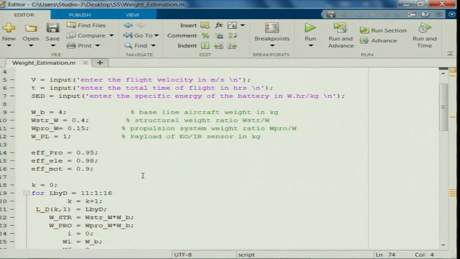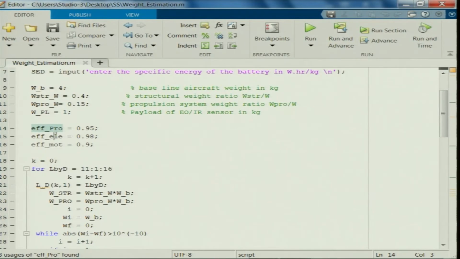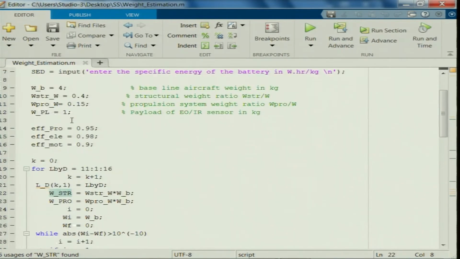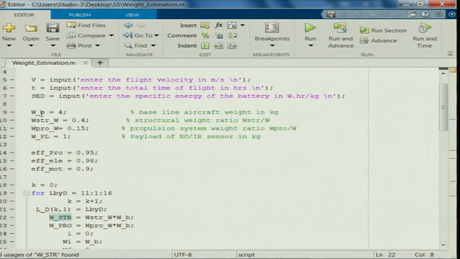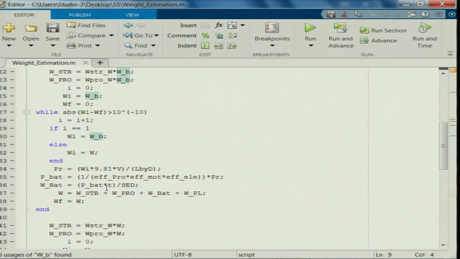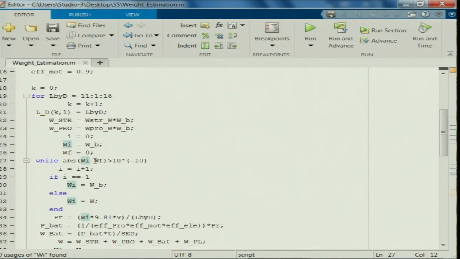Then, after considering the efficiency of the propeller and various efficiency factors, we proceeded to figure out the battery weight. For the initial iteration, we considered the baseline weight to start with, and then for this particular mission requirement, what will be the weight of the battery required, thereby updating the total weight of the aircraft, and finding the error with respect to the previous weight, which is the baseline aircraft for the first iteration.